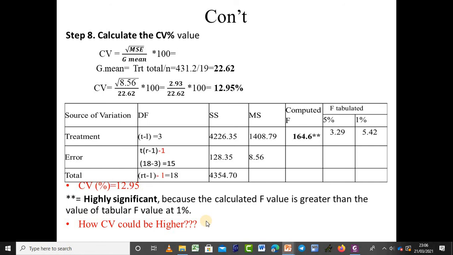Therefore, in such experiments a lower CV is expected, and this indicates higher. That's why most of the literature suggests that in experiments conducted in the laboratory or greenhouse the CV is expected to be less than 5%, but it is much larger than 5%. Therefore, that's why the CV is higher.